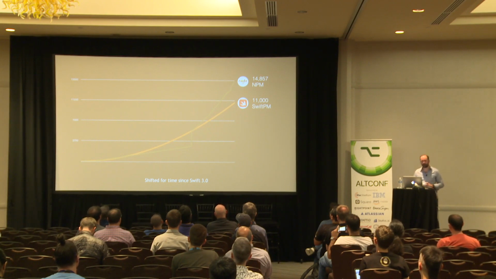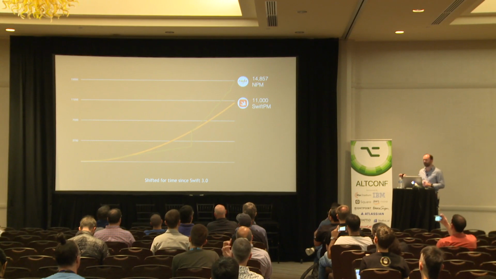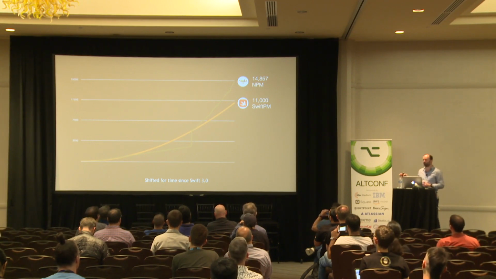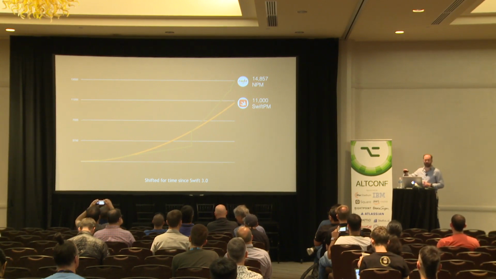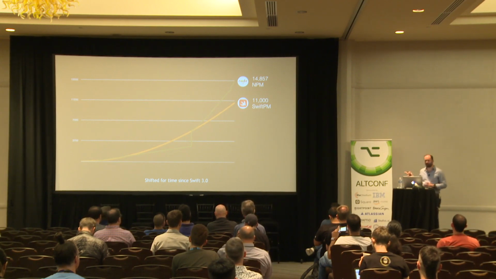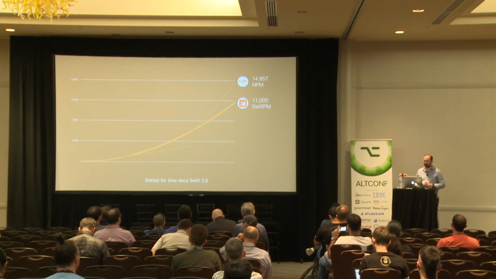So we are a little bit behind, right? Based on that time scale, NPM got around 15,000 packages. We're on about 11,000. So we're a little bit behind Node, but then Node is by far way beyond any other language ecosystem. So this pretty much says that we are on track to have a huge ecosystem.